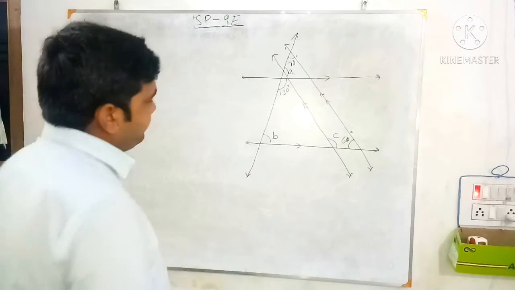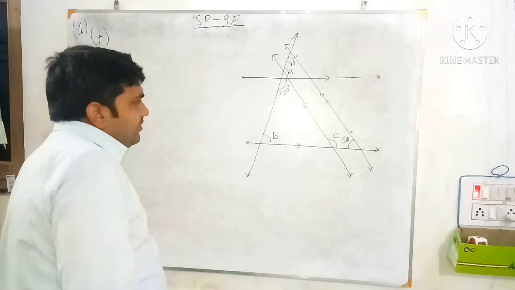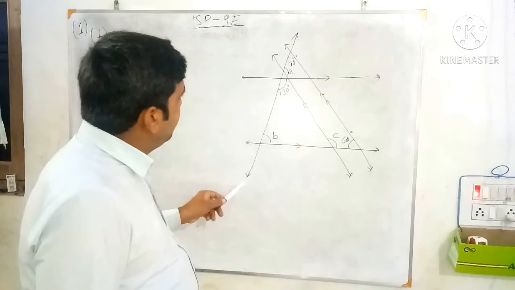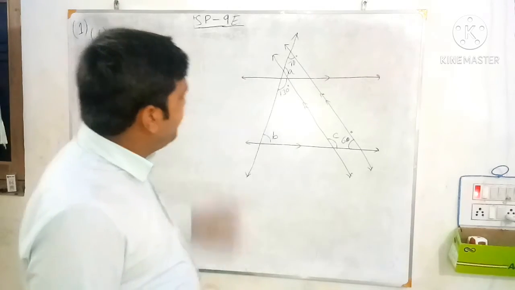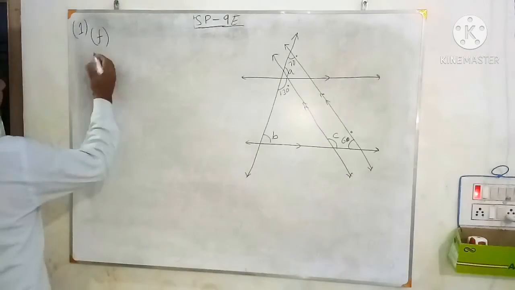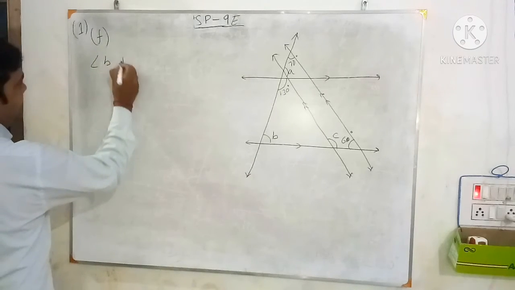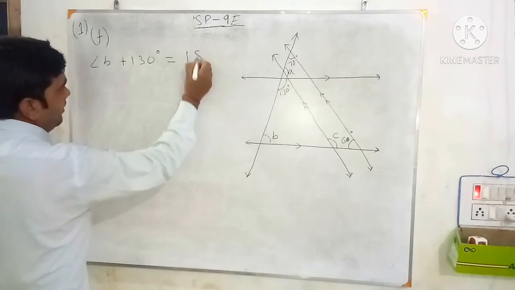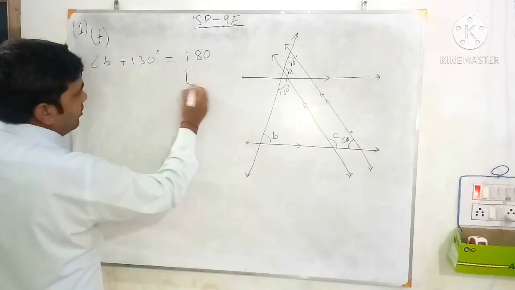See in this, these two lines are parallel. This is the transversal. And this 130 and B is the co-interior pair. So what you write? Angle B plus 130 degree is equals to 180 degree. Reason?